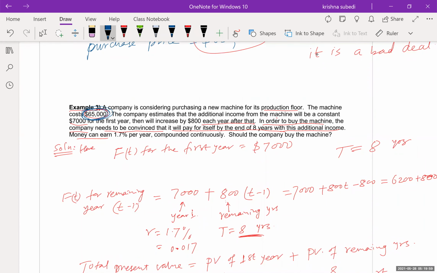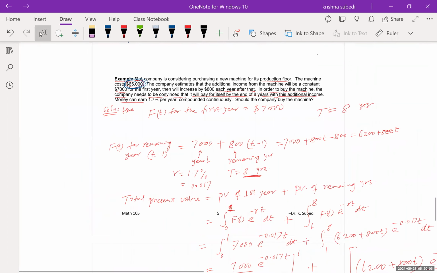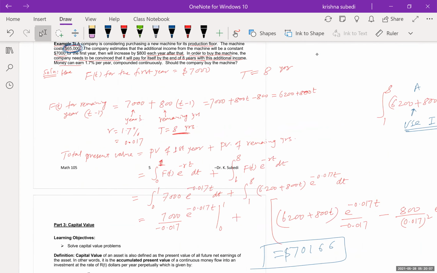The cost of the machine is 65,000, but the value of the machine, when we calculate, turns out to be 70,166. So the machine is worth this much, but the price is 65,000. Therefore, it's a good deal. Does that make sense?